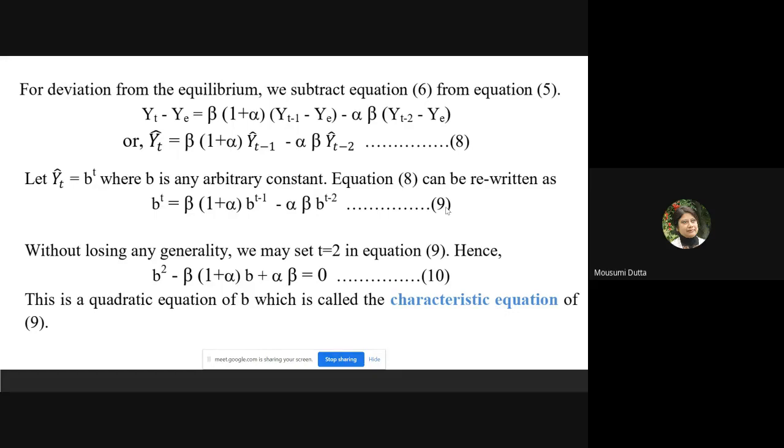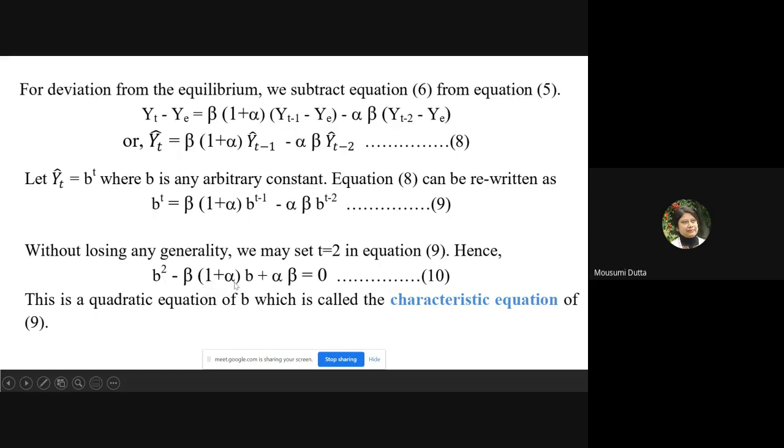Please write down the values of the roots b1 and b2 looking at this equation, and then I'll move to the next slide. First, minus b. That means minus of beta into 1 plus alpha, that means simply beta into 1 plus alpha. Because it is minus b.